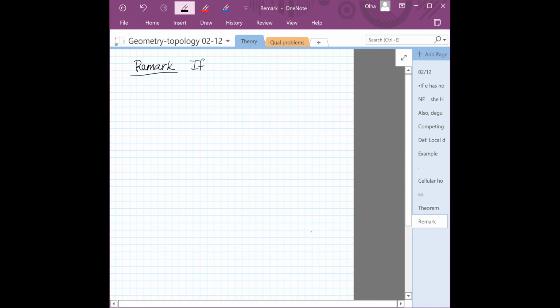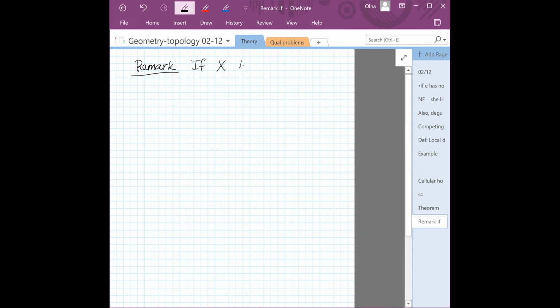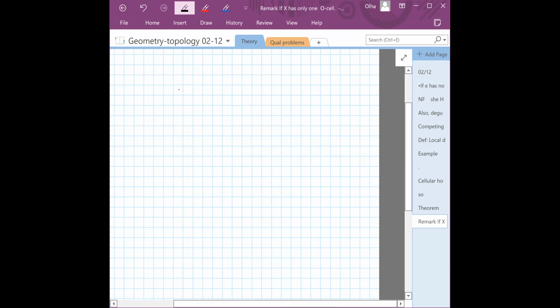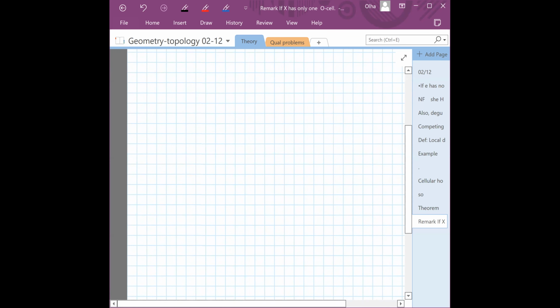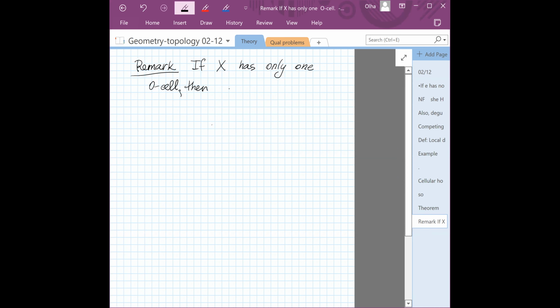If X has only one 0 cell, which is the case for a lot of spaces, then that would mean that the boundary map is 0, just because the boundary of every one set is 0 by definition.